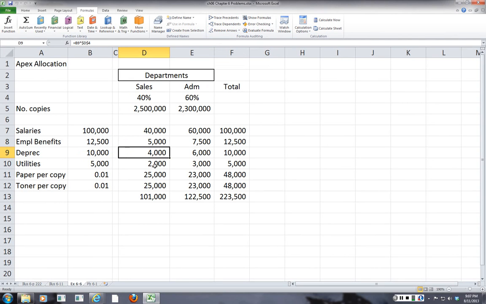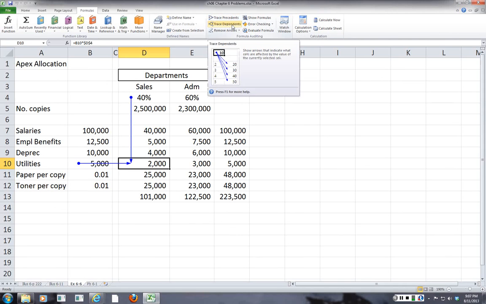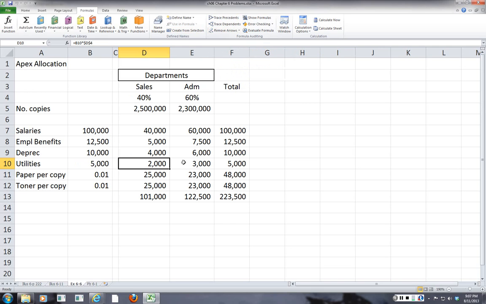You come down to utilities, that's also based on sales. Then we get to the paper, which is 1 cent per copy, and we've got 2.5 million copies up there for sales, and so that's $25,000. And it's also 23,000 over here in administration.